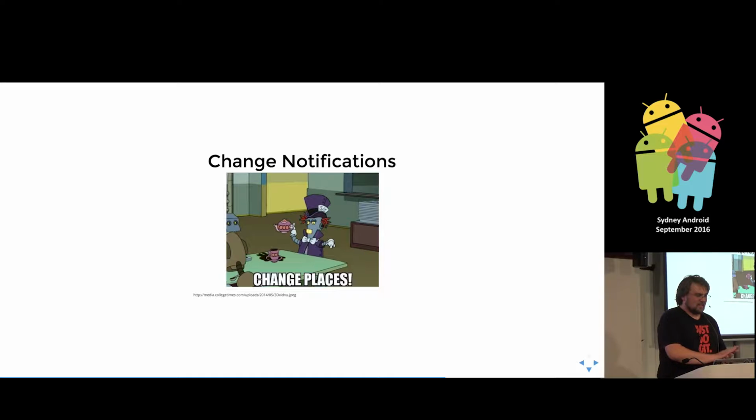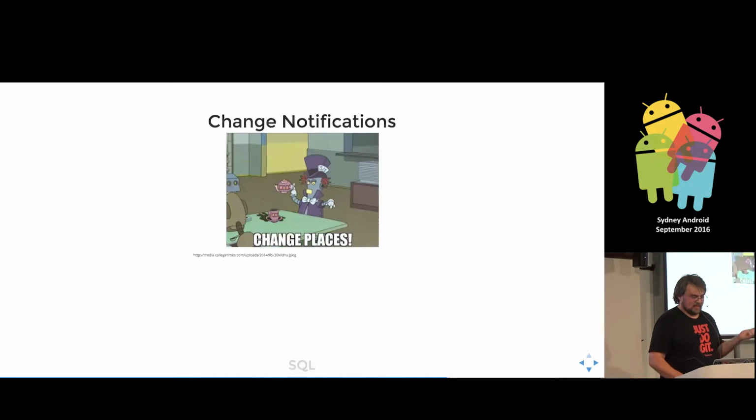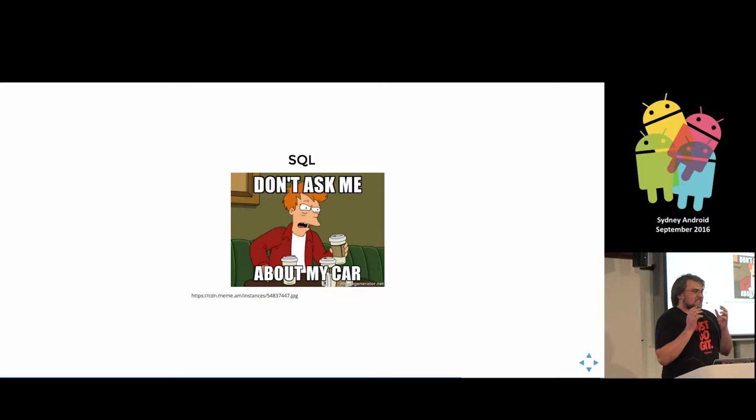Another thing that I've become a little obsessed with is reactive architectures. One of the things that I have a problem with in SQLite is it doesn't tell you when things update. The SQLite C API actually has a method that will notify you when a table changes. But as far as I could find out, the Java API doesn't expose this.